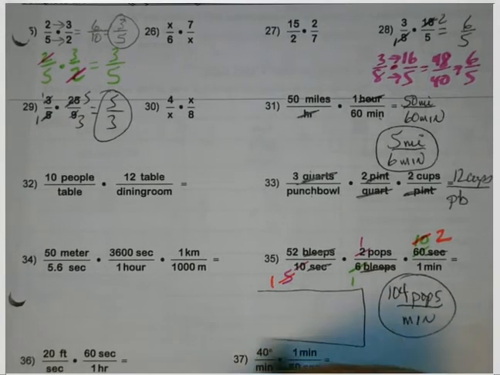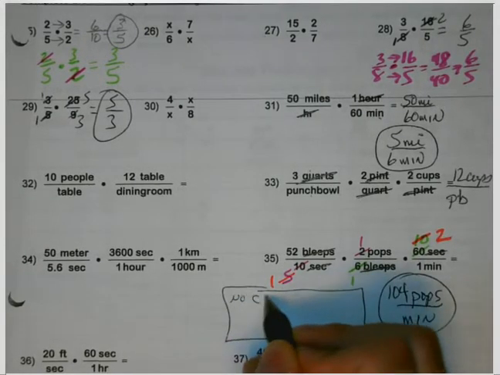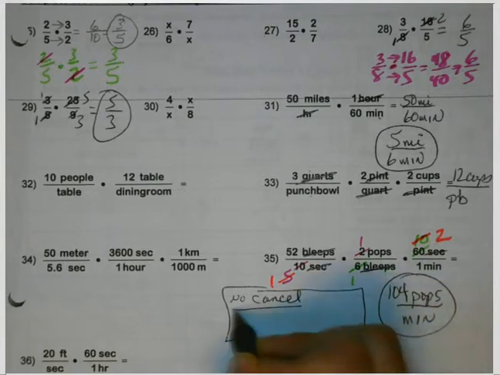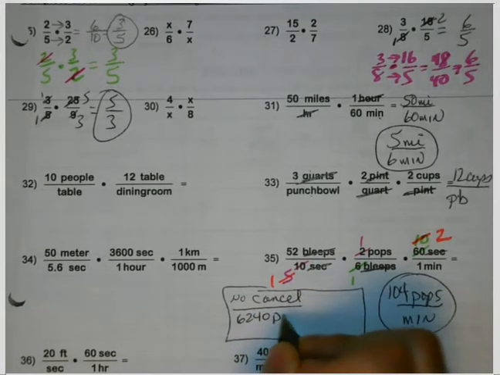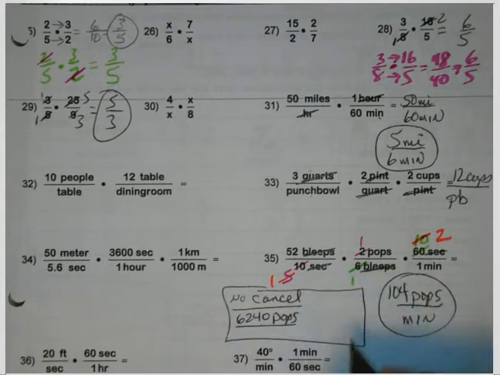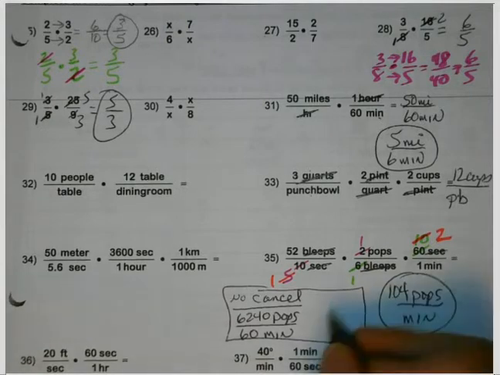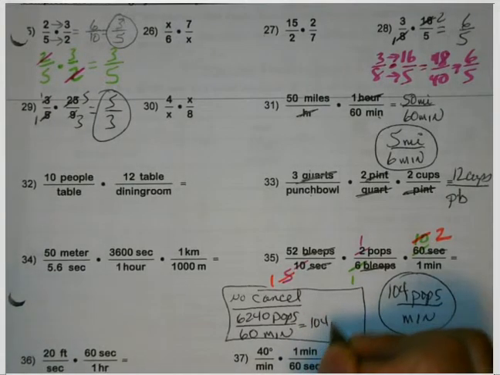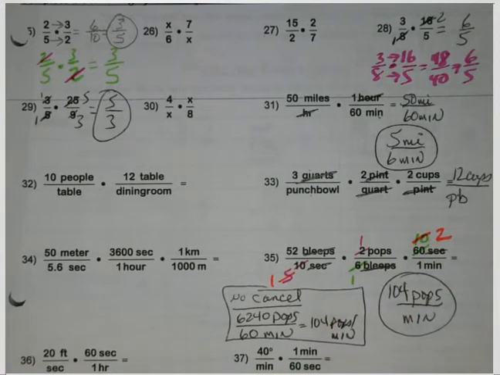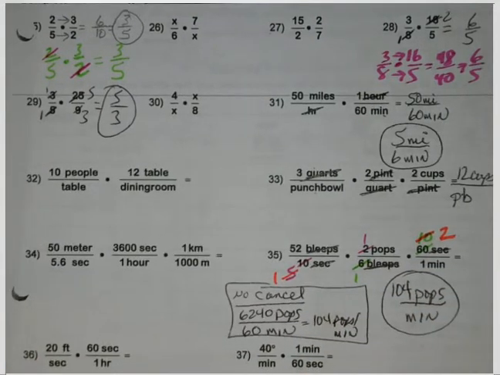Okay, if you don't cancel, you'd have 6,240 pops over 60 minutes, and then you just divide those into each other. And you'd still get 104 pops per minute, but sometimes that's going to be a lot harder than just canceling. So I'd really suggest doing the canceling thing.